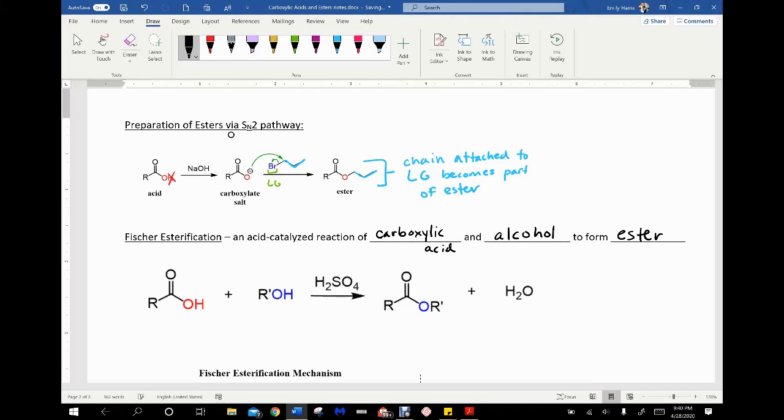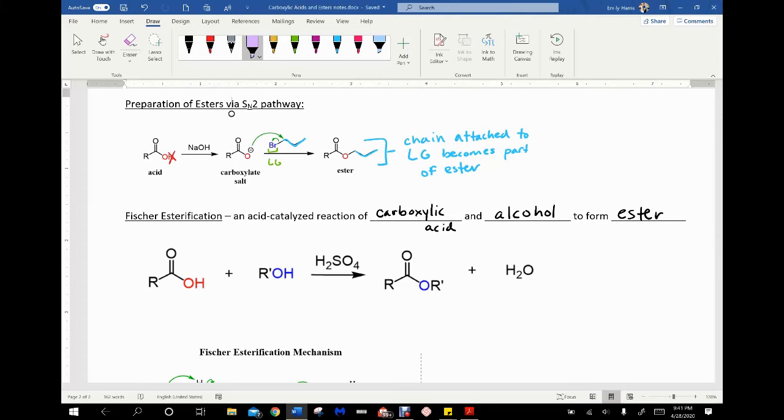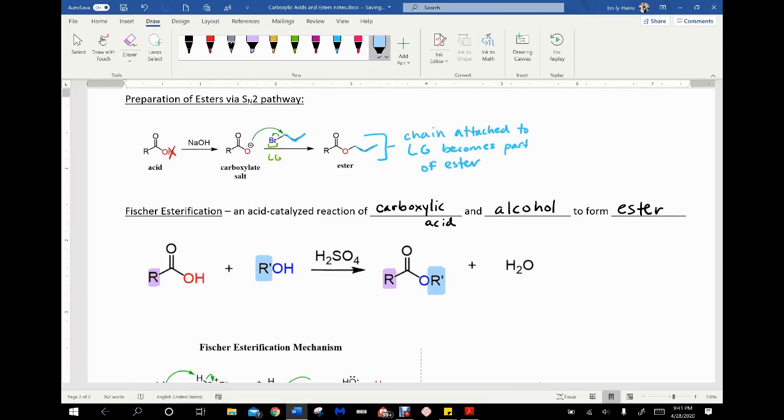And notice that it's in the presence of acid as well. What's interesting is that an ester includes both sides of the molecule. The side of the molecule on the carbonyl side is going to come from the carboxylic acid, but the other side of the molecule is going to come from the alcohol.